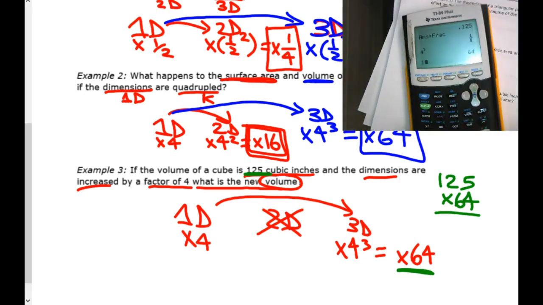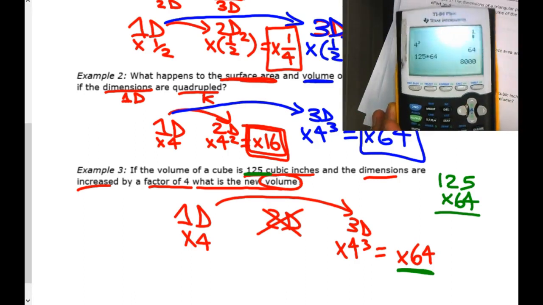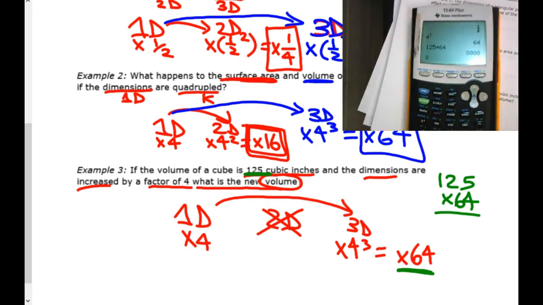What is 125 times 64? 8,000. Okay? And my units would be inches cubed because it's volume.